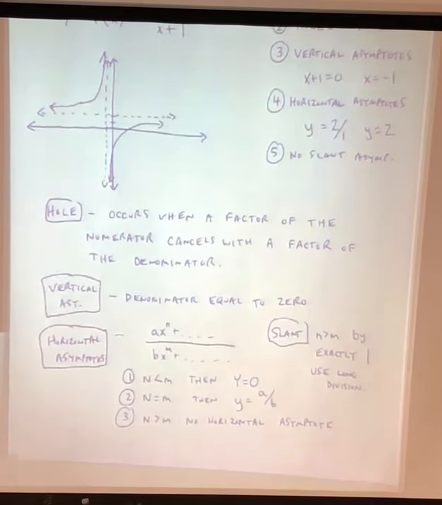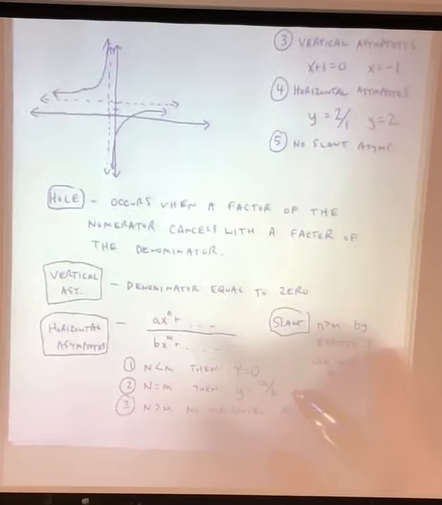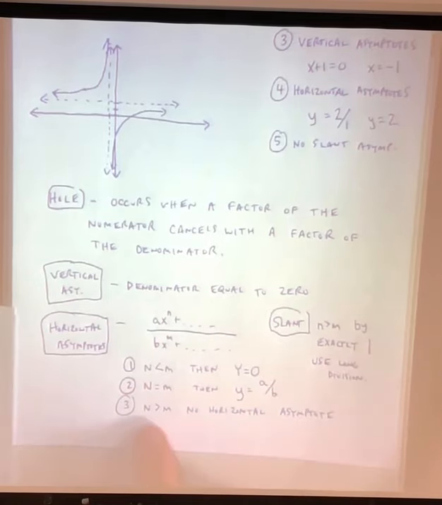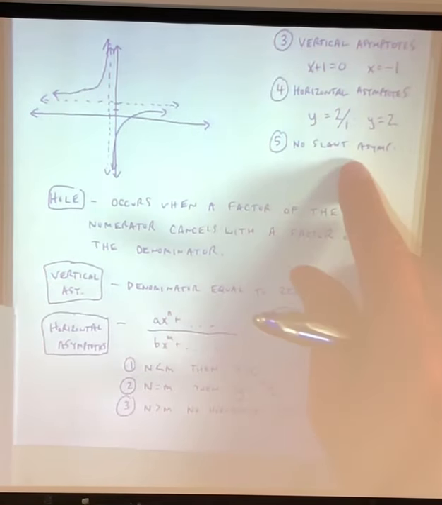Okay, let's take a look at example 2 then. Is everybody good on all the rules? Everybody have that written down? What does the bottom one say? Yeah, no slants. So if n is bigger than m, there's no slant asymptote.